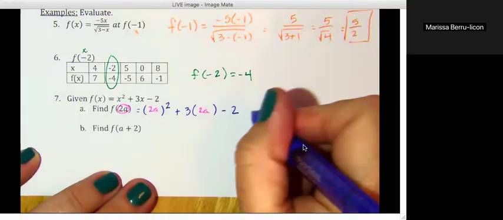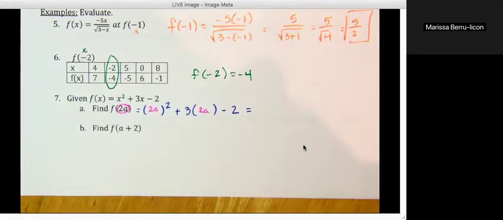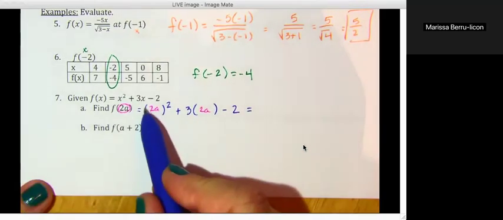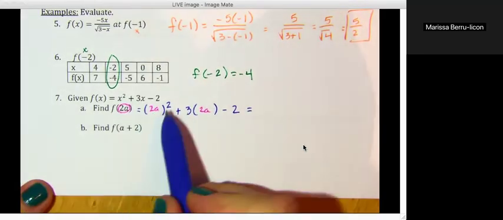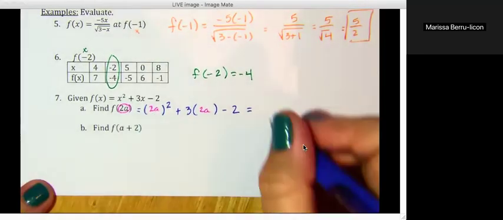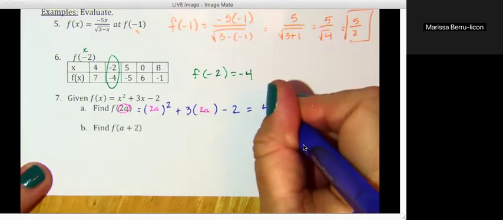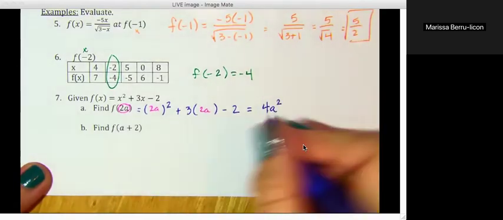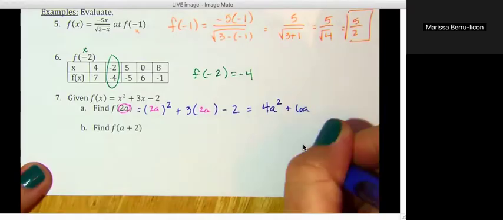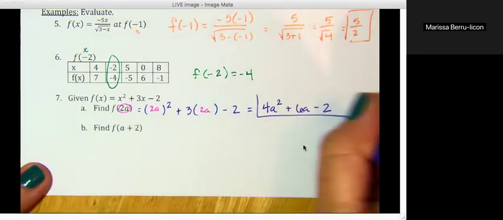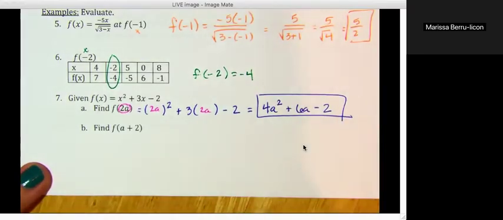This will help you prevent from making mistakes in your simplification. So I have parentheses around this 2a. I have 2a squared, and that becomes 4a squared. And then 3 times 2a becomes 6a minus 2, and that would be our answer. That is as simplified as it can get.